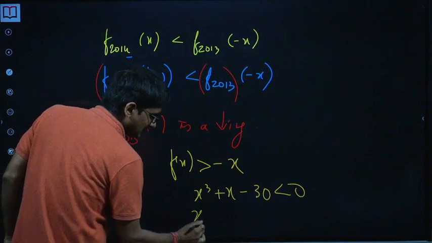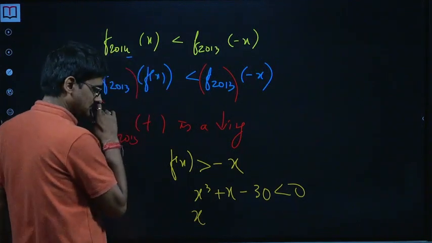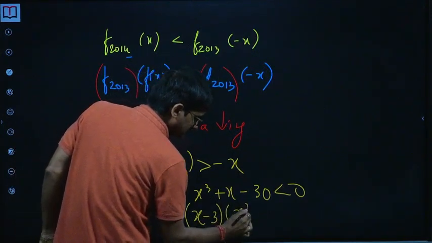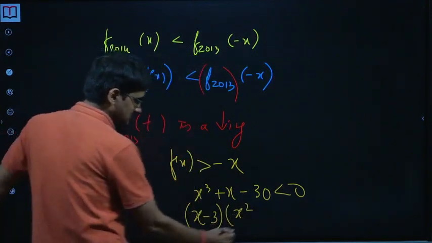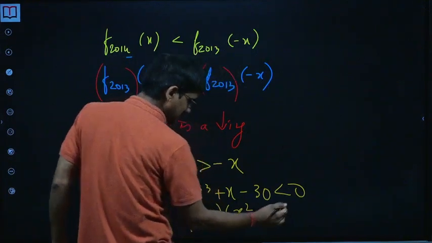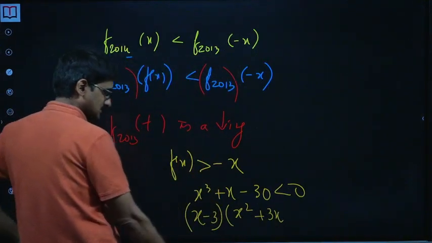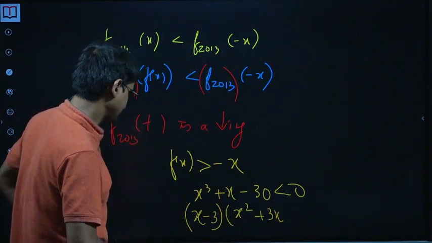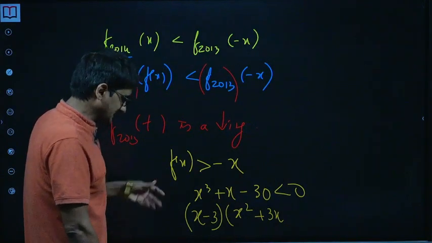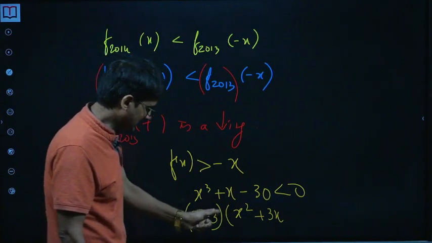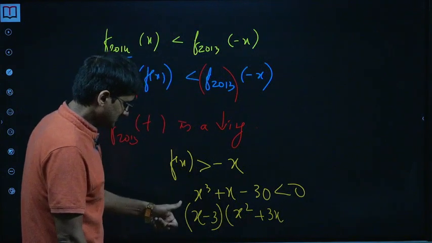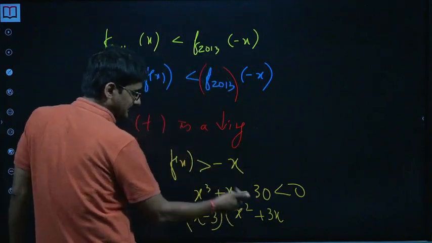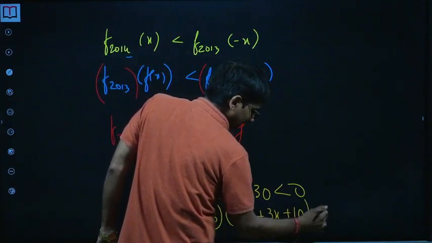Now factor: x minus 3 times (x square plus 3x plus 10). Check: x equal to 3 satisfies it, since 27 plus 3 is 30. So (x minus 3)(x square plus 3x plus 10) is less than 0.